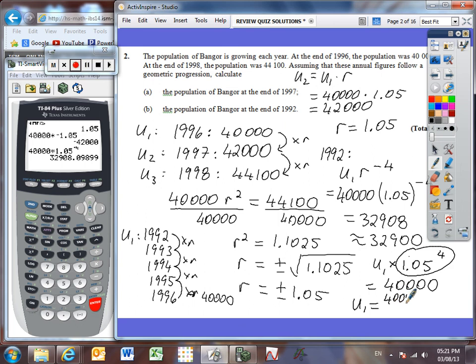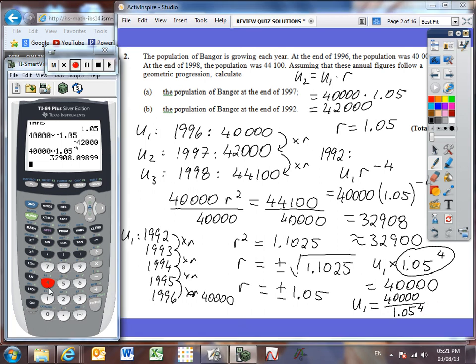So it'll be 40,000 divided by 1.05 to the power of 4. Let's do that. 40,000, our 1996 population, divided by 1.05 to the power of 4. And look, you get the exact same answer as we found using the negative 4 method. So 32,908 is the number of people.